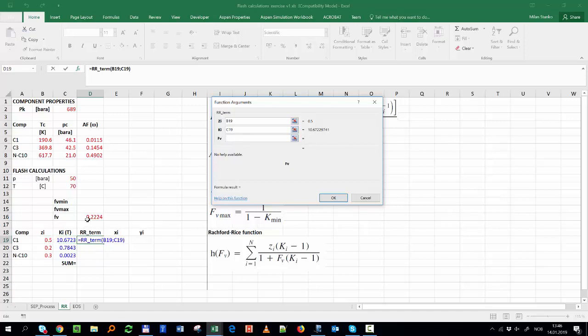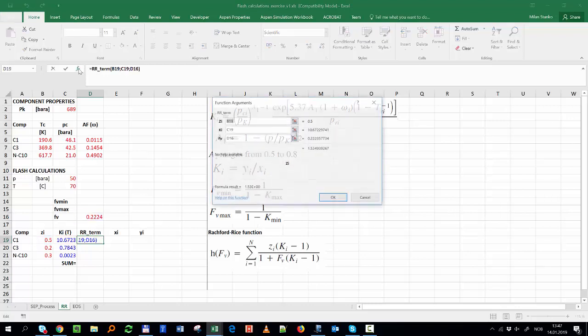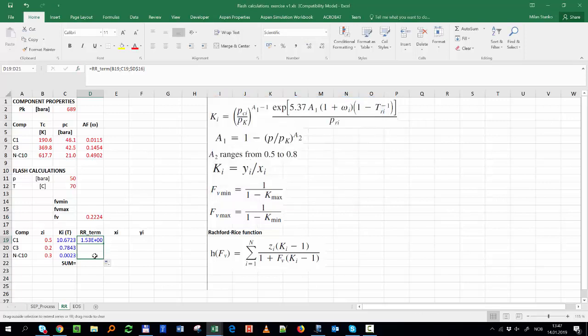That was my error. But let's select that, 1.5. And here I should block the Fv. The Fv should be blocked. And I drag it down.